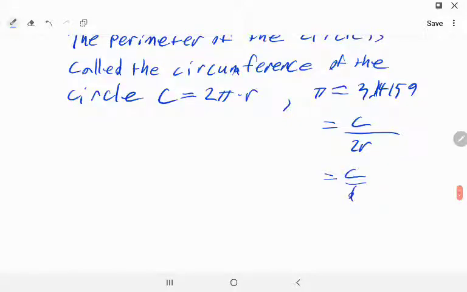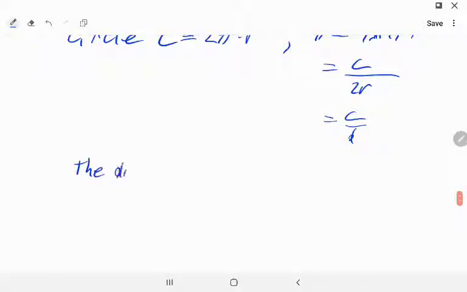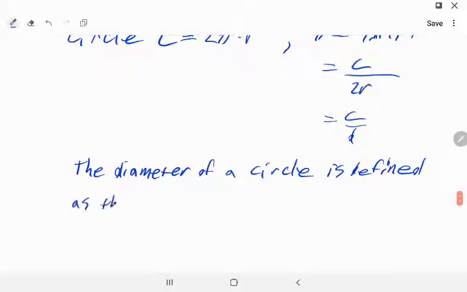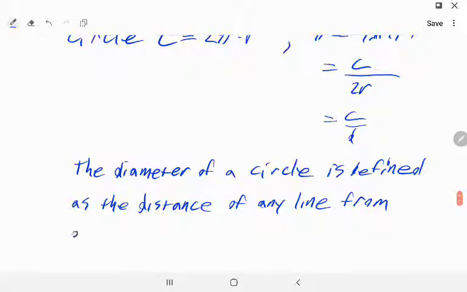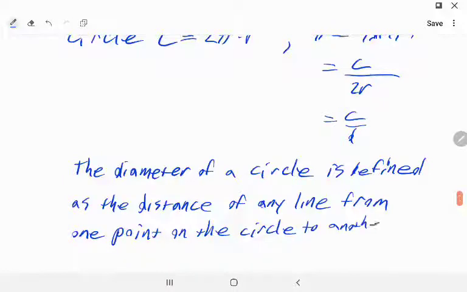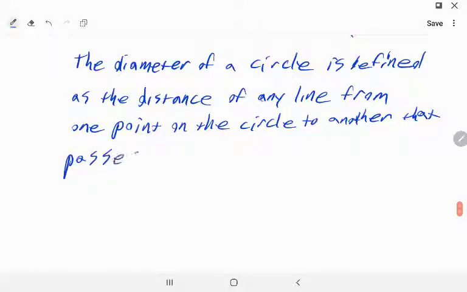We know that the diameter of a circle is defined as the distance of any line from one point on the circle to another that passes through the center.